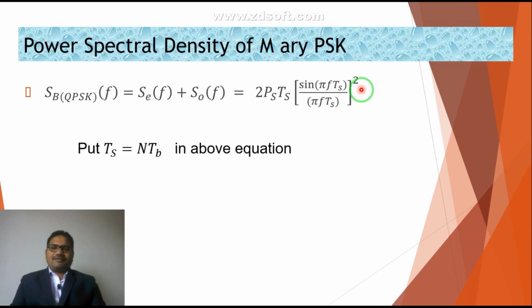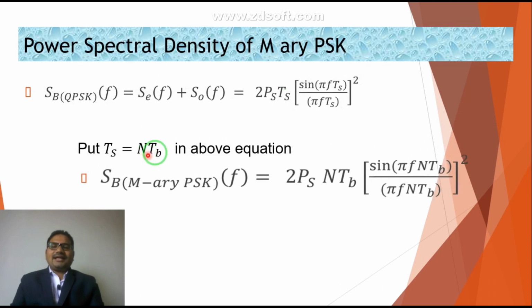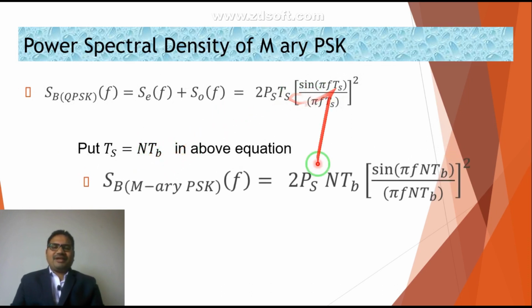Sinc wave. So now putting Ts equal to what? NTB, because as we don't know, right? So over here, since Ts equal to what? NTB, n, it could be the number of bits, right? So putting that NTB in this previous equation, this new equation that you would get is for M-ary PSK.